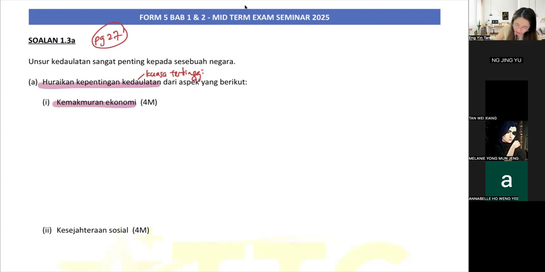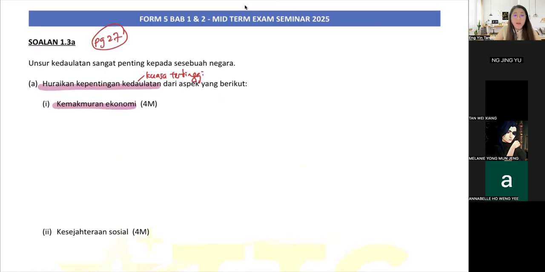So you can say kepentingan kedaulatan dalam kemakmuran ekonomi is melaksanakan. We have the power to do our kemakmuran economy. Correct? You must mention we have the power to do the policy.